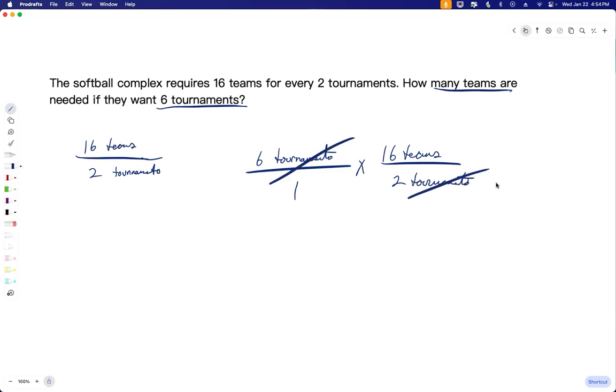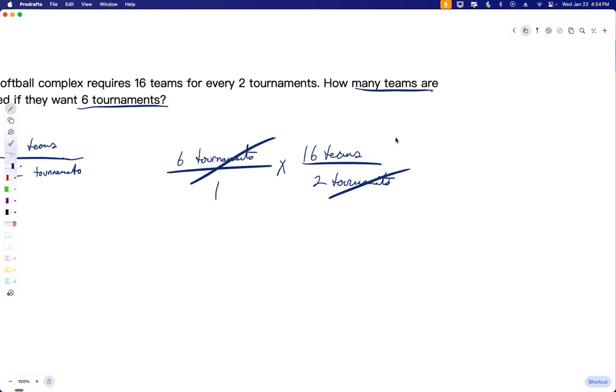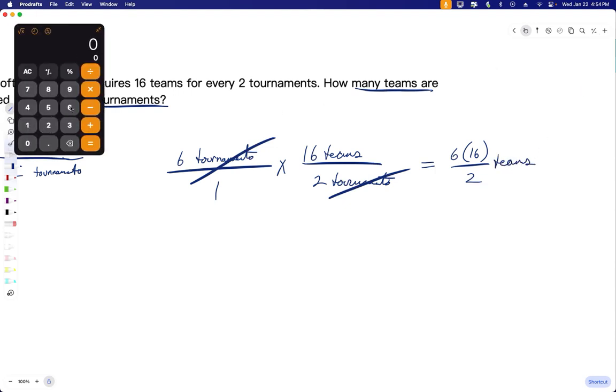Tournaments cancels. So we end up with 6 times 16 divided by 2, and that's going to be the number of teams. 6 times 16 divided by 2, so 48 teams. That's the response I want.